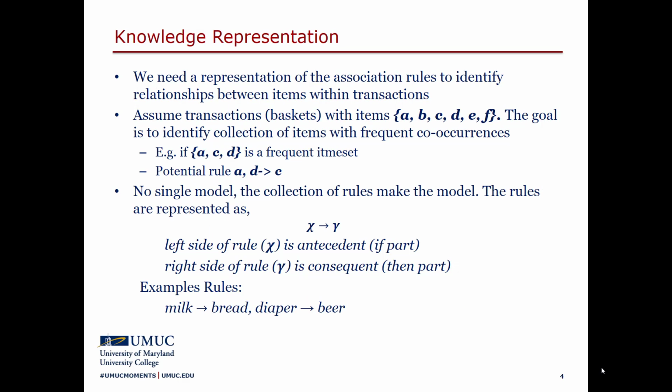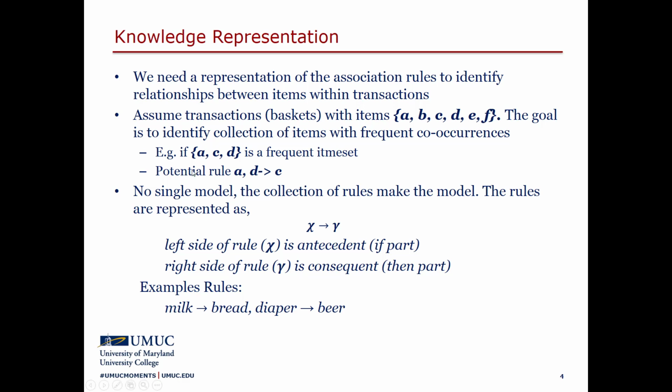Okay, how do we formally represent knowledge in association mining? Again, the goal or the objective in association mining is to leverage a relation between different items, okay, and use that to identify useful patterns called rules, okay? For example, if you have a database with items such as A, B, C, D, E, and F, typically what is involved in extracting useful rules is first you identify or discover the commonly occurring frequent item sets.